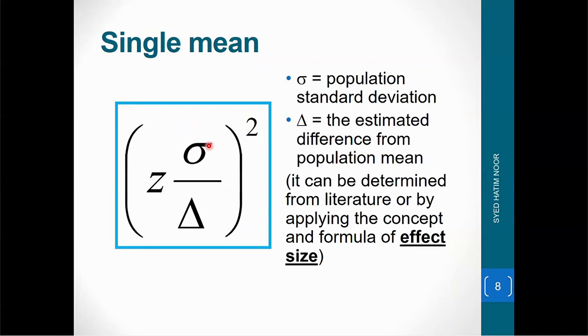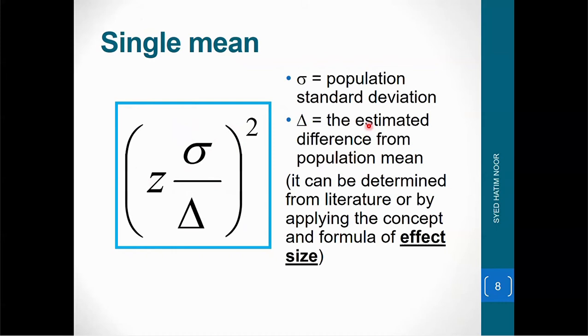You take the biggest one. Why? When you take the biggest standard deviation, your sample size also will be big. Okay, so that is the standard deviation from the literature. Then we go for the detectable difference.